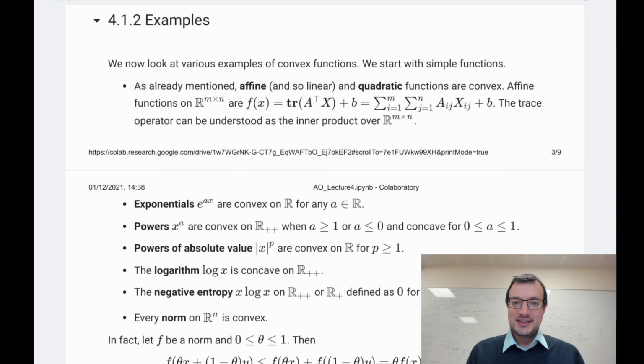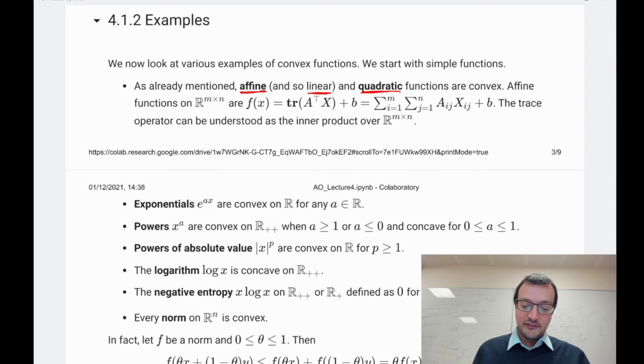We now look at some examples of convex functions. We have already seen that affine functions are convex and concave, and so in particular linear functions, which are just a special case of affine, are convex and concave. We've seen that quadratic functions are convex if the matrix P, for instance, is positive semi-definite.